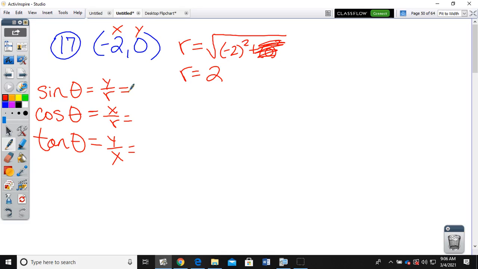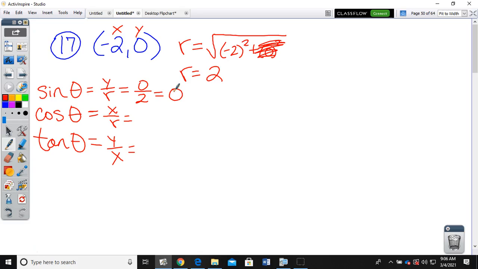Sine of theta. What is y? 0. R is 2. 0 divided by 2 is 0. That's important. Make sure you put it equals 0, okay? Don't leave your answer 0 over 2. 0 divided by 2 is 0. How about x?